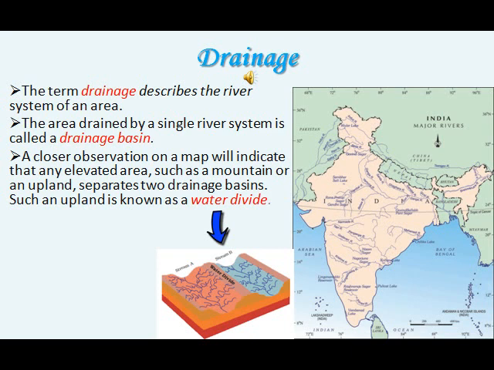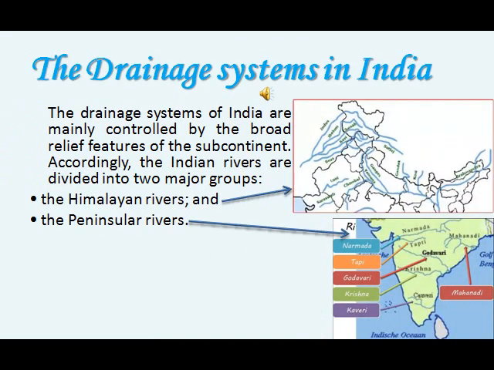See in this picture. The drainage system in India. The drainage system of India is mainly controlled by broad relief features of the subcontinent. Accordingly, the Indian rivers are divided into two major groups, the Himalayan rivers and the peninsular rivers.